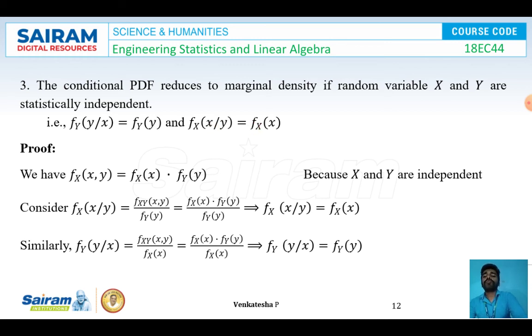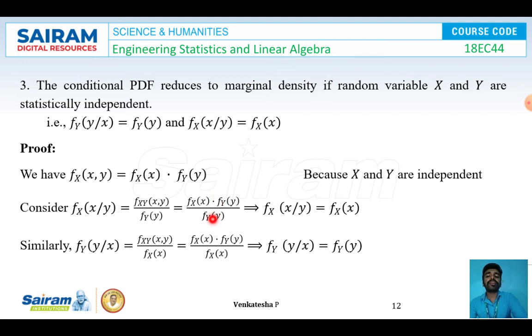Proof. First I am going to consider the formula f_X(x|y) is equal to f_XY(x,y) divided by f_Y(y). This can be replaced like f_X(x) into f_Y(y) whole divided by f_Y(y), because the random variables x and y are independent.